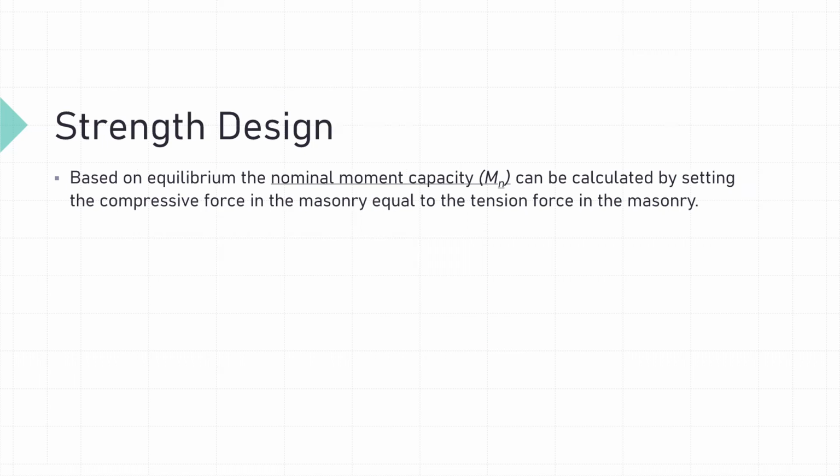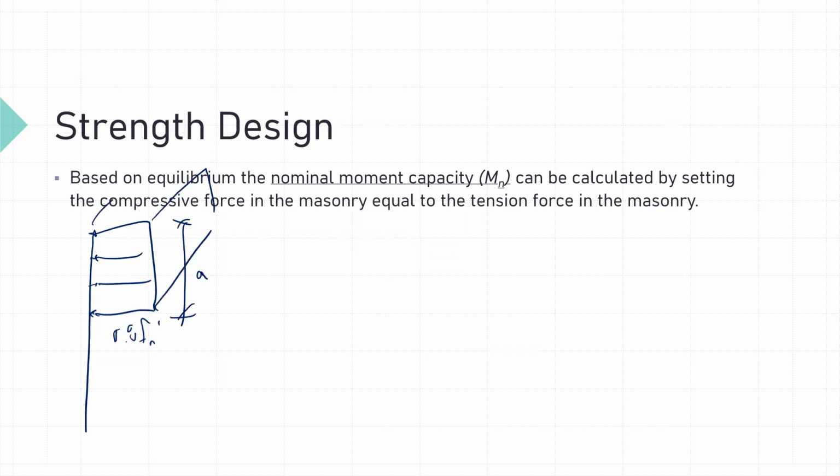and that should say in our reinforcement, not in our masonry. So if we have that stress block, again, we have a uniform stress distribution of 0.80 times f'm. So 0.8 f'm. We know this dimension is a, and we know we go b dimension into the page, which again is the width of our wall or the width of our beam.